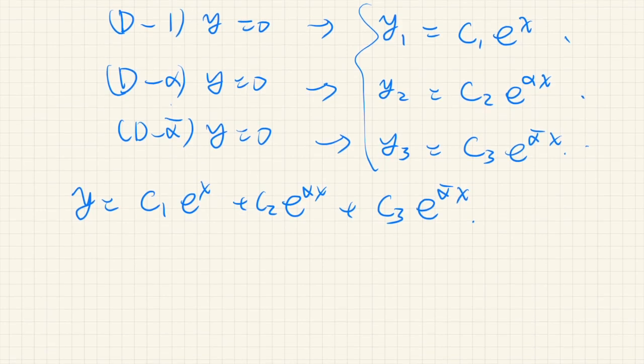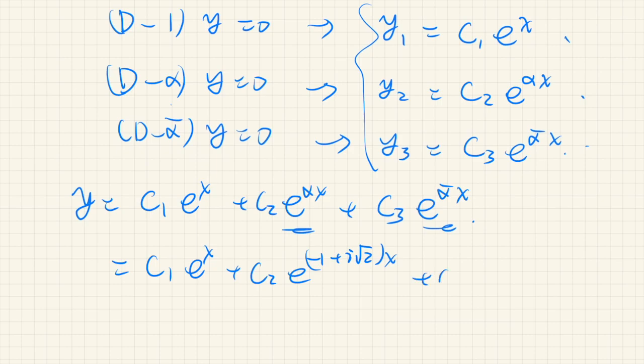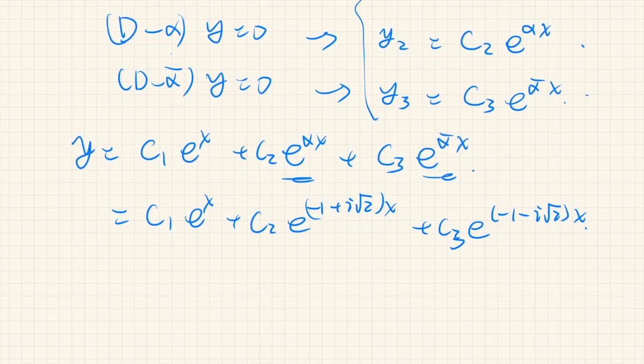Now let's write these alphas more explicitly, and we have c1 exponential of x, c2 exponential of negative 1 plus i square root of 2 x, and c3 exponential of negative 1 minus i square root of 2 x. Okay, now this exponential can be split into the real part and the imaginary part.